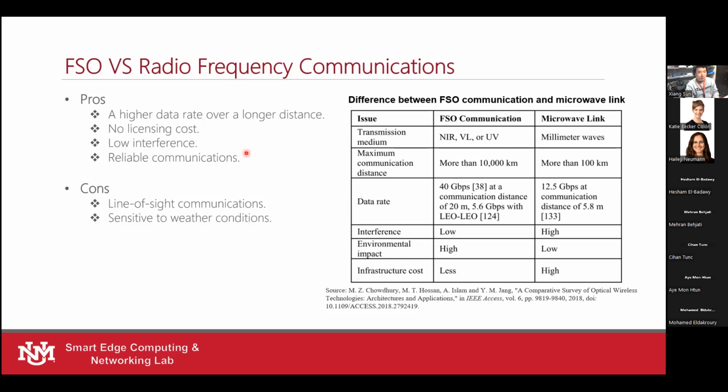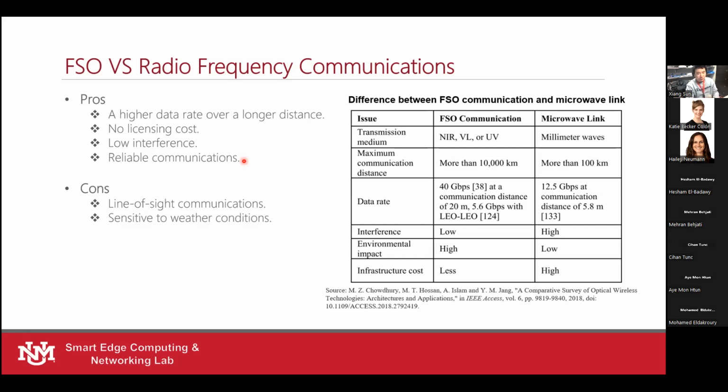And another advantage of FSO is reliability. FSO is considered reliable communications as compared to RF because any interception and eavesdropping on the FSO link can be easily identified, because the optical beam is directional with a very, very narrow divergence angle.